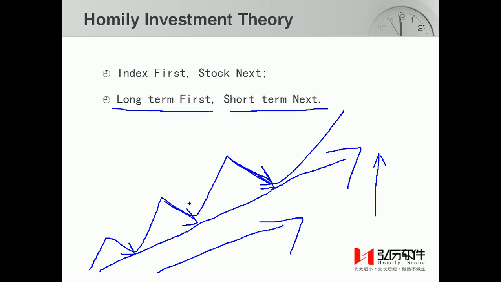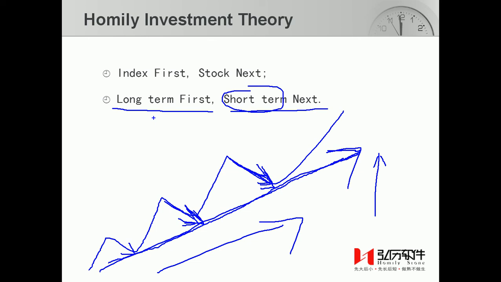Here the short-term trend is not so serious, but the main trend is good, right? So no need to worry, because the long-term trend is good. Then we can see the short-term trend goes into correction. It's okay, never mind. So this is how to understand the long-term trend and short-term trend.